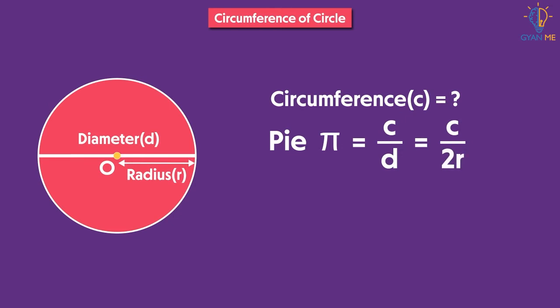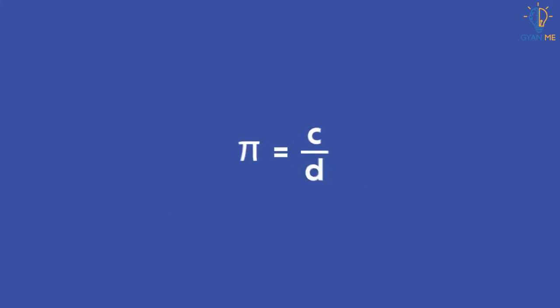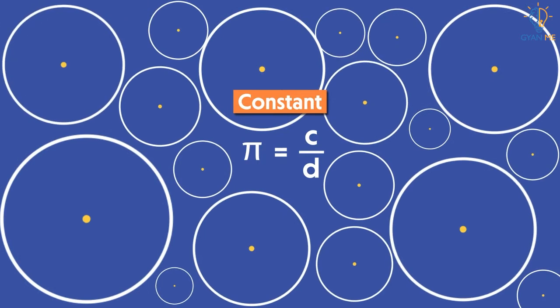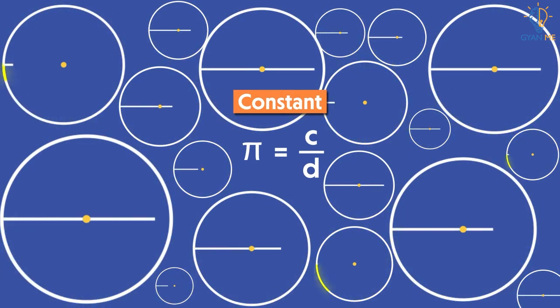As you can see, pi is the ratio of circumference of a circle to its diameter. Students, note that this ratio of circumference and diameter is constant for every circle, which means no matter how big or small a circle is, the ratio of its circumference and diameter will always be pi.